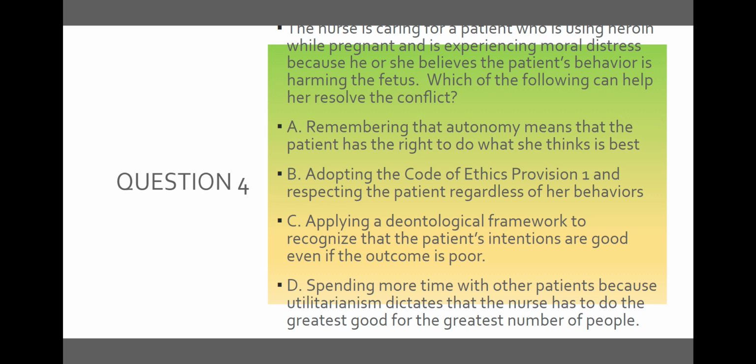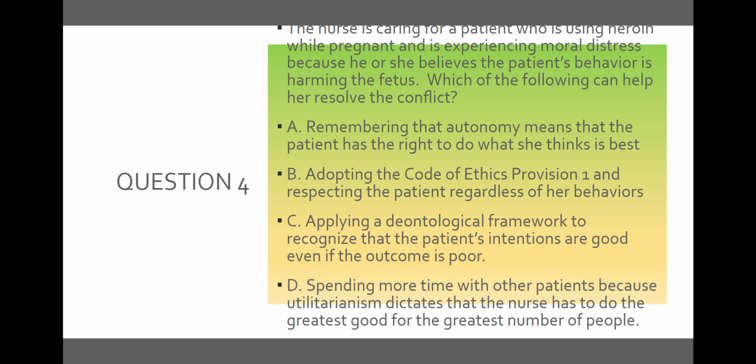B, adopting the Code of Ethics Provision 1 and respecting the patient regardless of her behaviors. C, applying a deontological framework to recognize that the patient's intentions are good, even if the outcome is poor. D, spending more time with other patients because utilitarianism dictates the nurse has to do the greatest good for the greatest number of people.